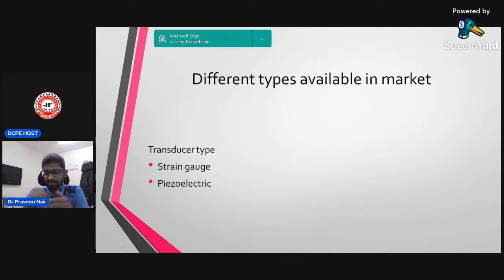Usually two kinds of transducers are used in force plates. You must have heard about the strain gauge based and the piezoelectric based. Both are suited to each person's requirement.